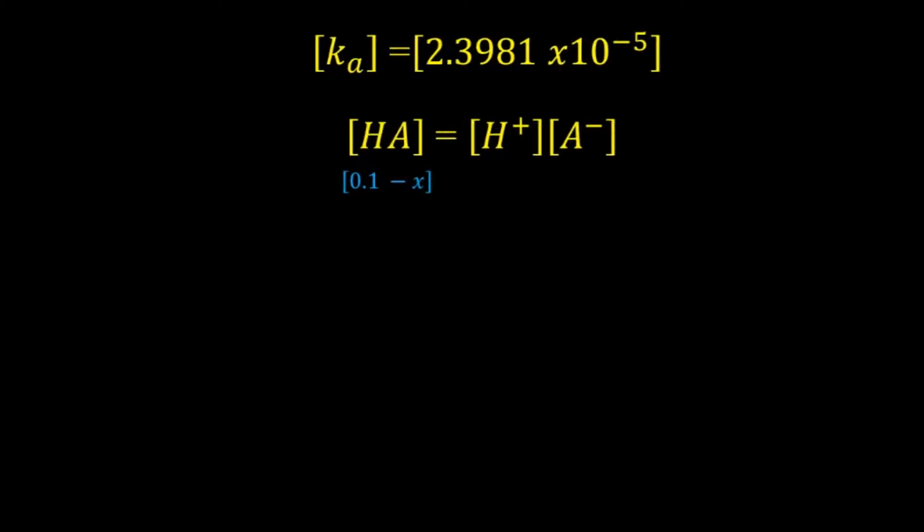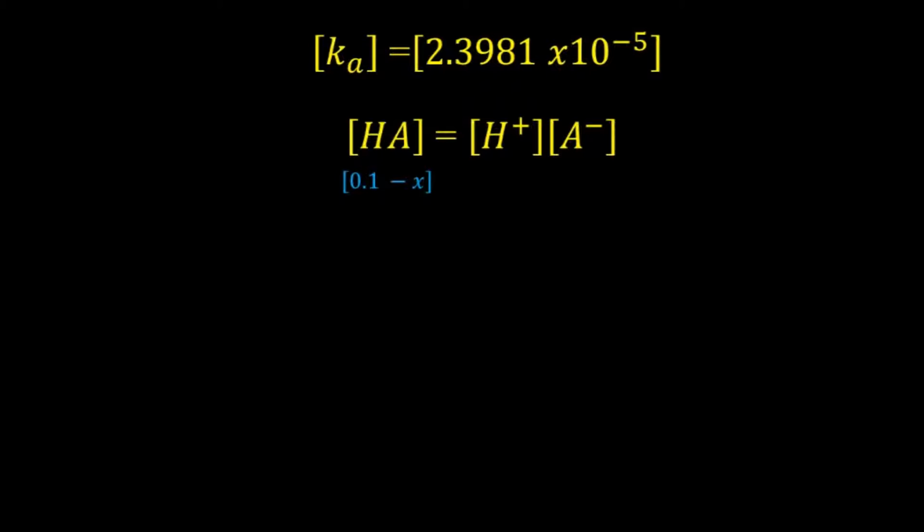For instance, if it were a strong acid, HA would completely disappear, slowly or fast, and it would turn into all H plus and A minus. But this is a weak acid. But some of the HA will disappear, so you have to take that into account. So it's going to be 0.1 minus X.